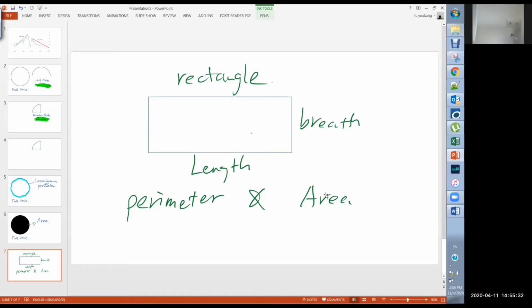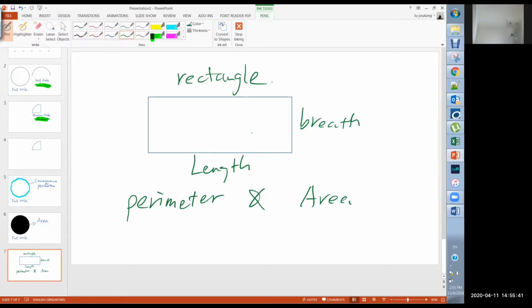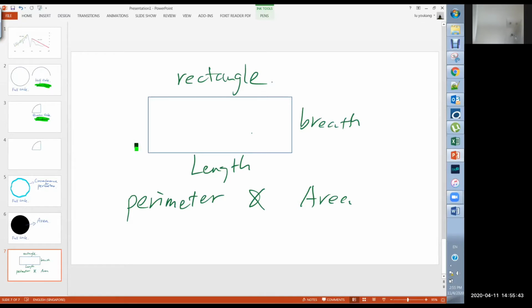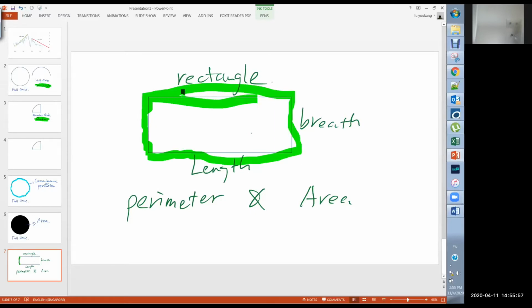This is called the length. So which one is the perimeter? You don't know which one is the perimeter? The colored one is the perimeter, right?